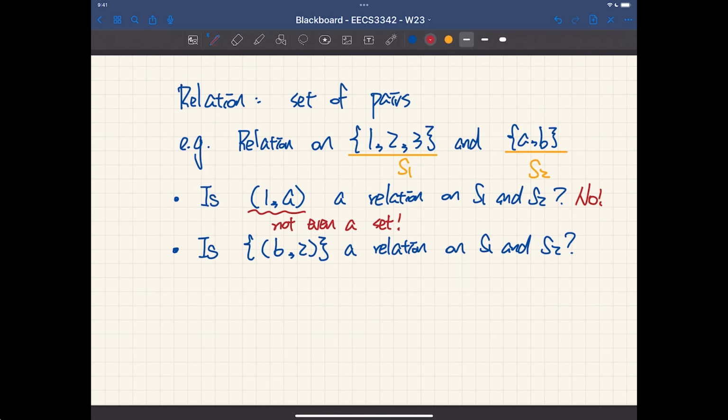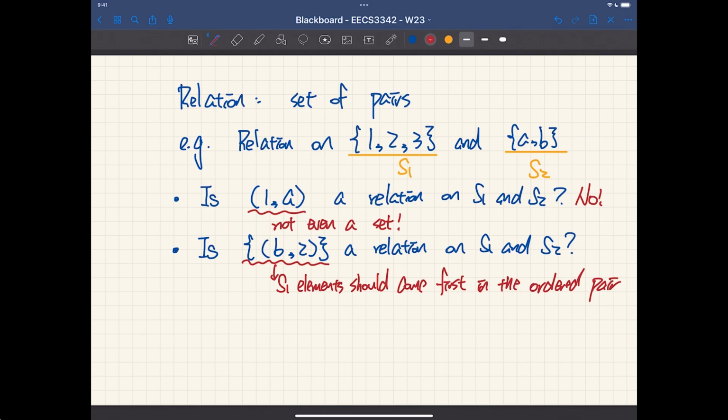This one here is a set, but the S1 element should come first in the ordered pair. Sounds good? Sometimes even the basics are the most challenging to clarify, but once we do that, the more advanced material is more straightforward.